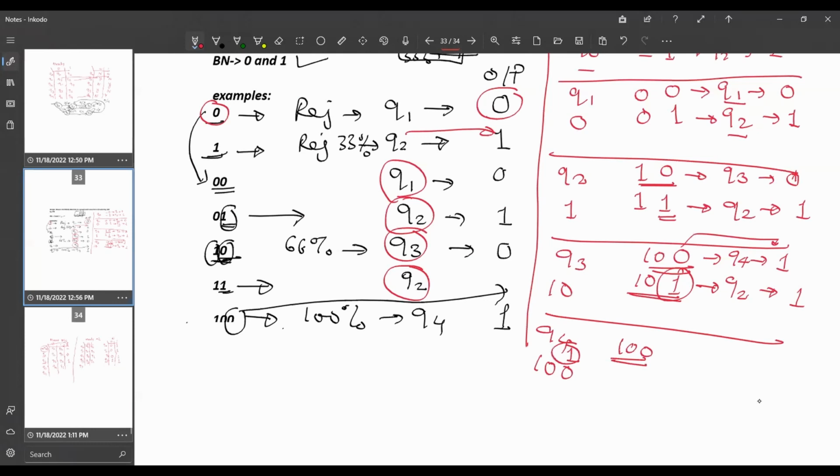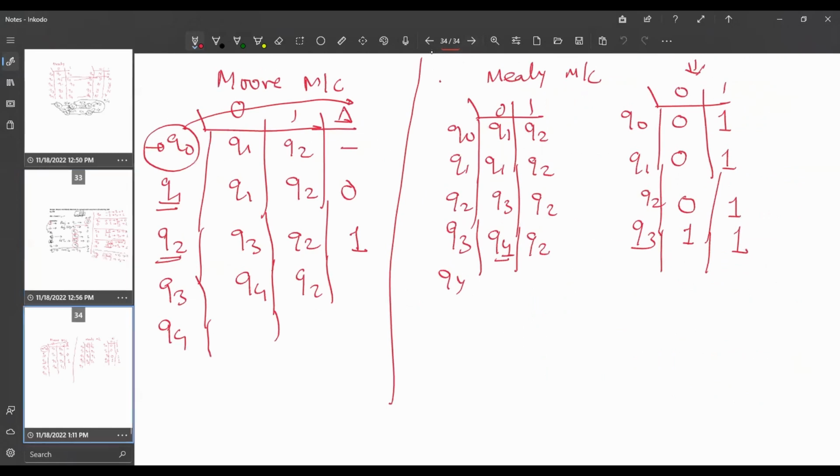That's why it will be 100 with the next bit as 0 and 100 with the next bit as 1. So it is going to Q1 state and Q2 state. Q1 output is 0 and Q2 output is 1. So Q4 on 0 is going to Q1 and Q2, with the output as 0 and 1.